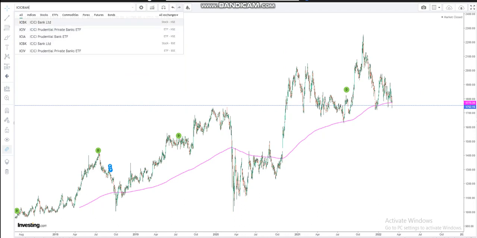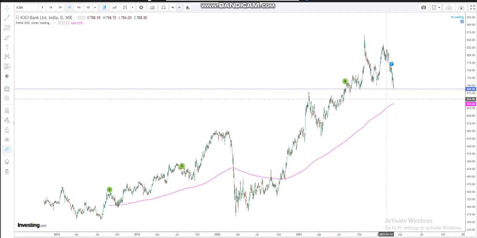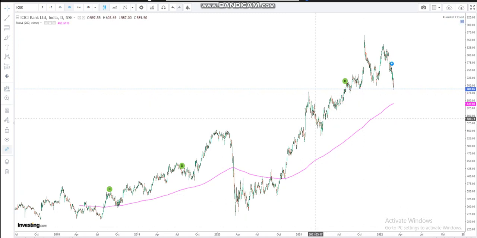Say for example ICICI Bank. Over here, see in this July or August, in this time frame when the Nifty was in the distribution phase, you can see ICICI Bank is way above it, right? So whatever positions were created here are still comfortably sitting in profit, right?